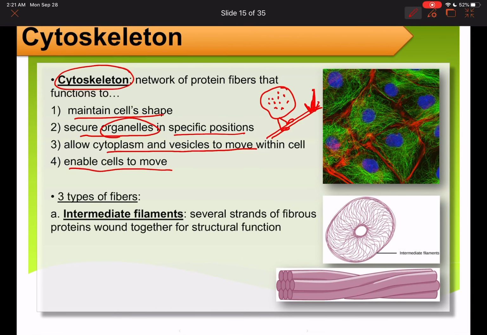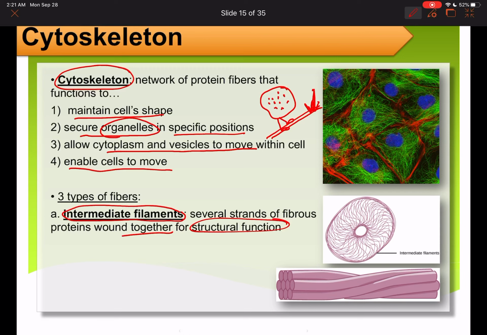Okay, so there are 3 different types of fibers in the cells that serve these different functions we just talked about. The first of those are called intermediate filaments, which are fibrous proteins wound together for structural function. This serves just for the basic structural integrity of the cell. It is not for things to move on or for the cell to move.